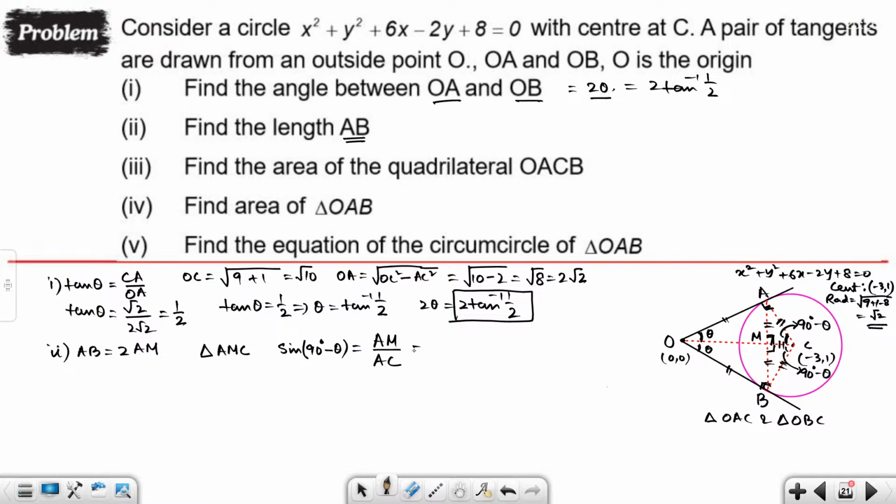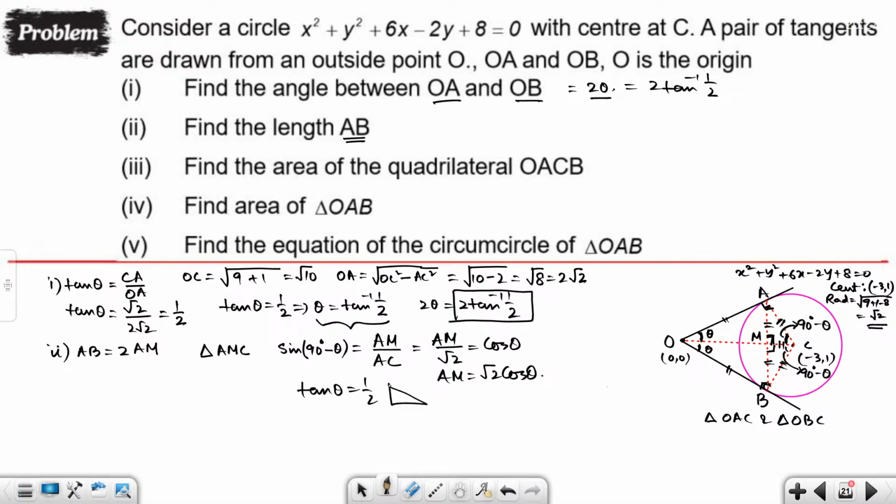So simply write it here: AM by root 2. And sine 90 minus theta gives us cos theta. So AM is root 2 cos theta. But see here, what is theta? From here we have tan theta is half.